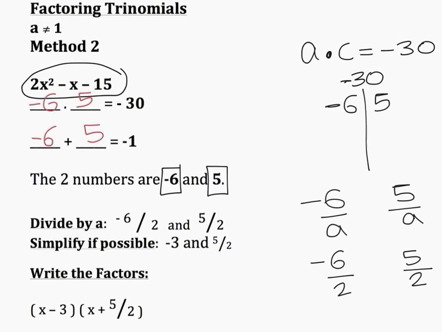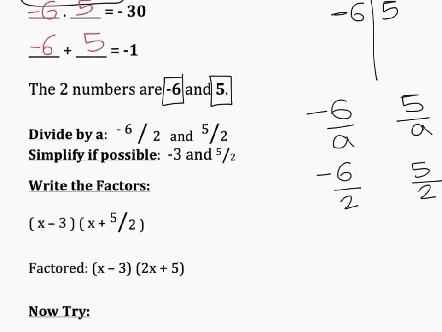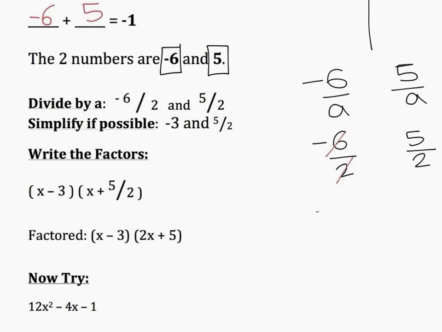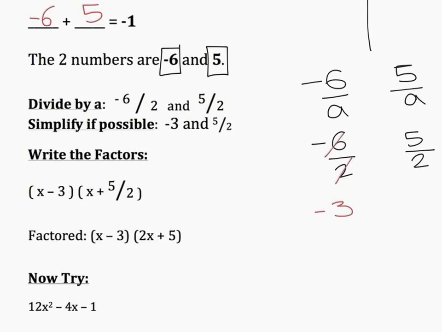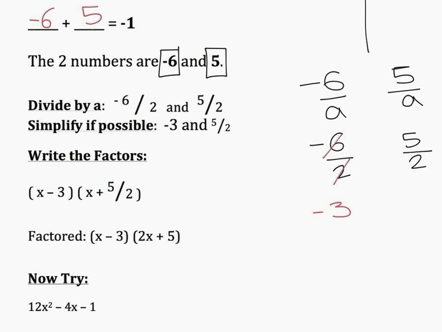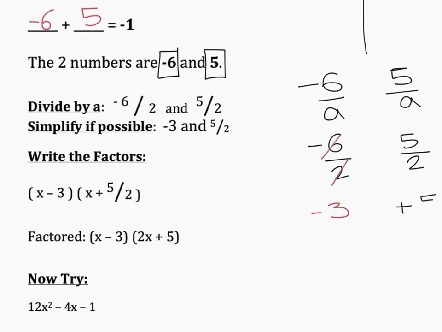Once you divide by a, try to simplify the fraction if it's possible. Negative 6 divided by 2 is negative 3. 5 over 2 cannot be simplified, so don't put a decimal like 2.5. Keep it as a fraction. It's a positive fraction, so let's put plus 5 over 2.